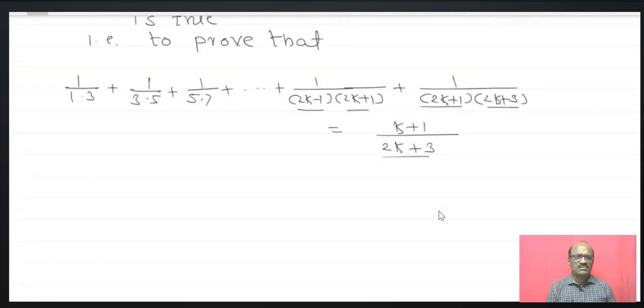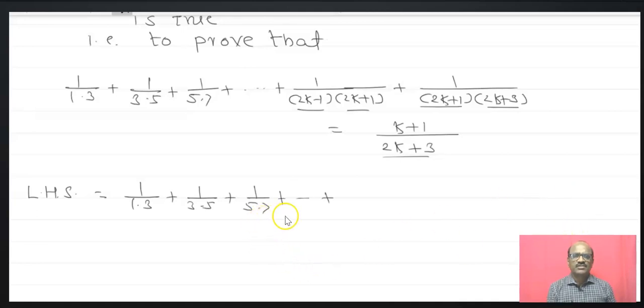Now therefore LHS is 1 upon 1.3 plus 1 upon 3.5 plus 1 upon 5.7 plus dash dash plus 1 upon 2k minus 1 into 2k plus 1 plus 1 upon 2k plus 1 into 2k plus 3.